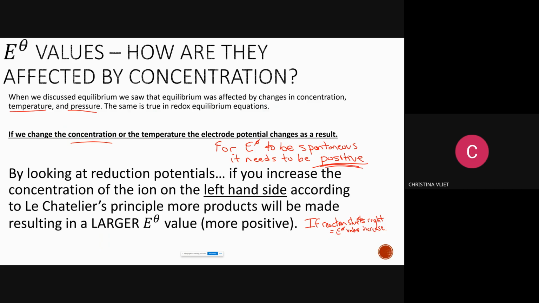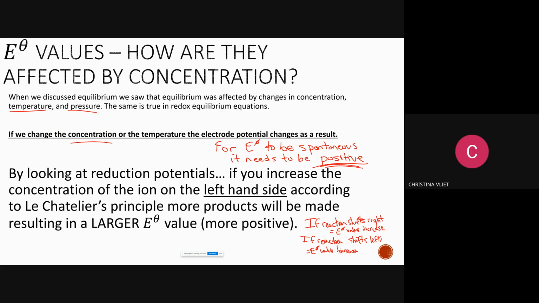And if the reaction, according to Le Chatelier's principle, would shift to make reactants, what would happen to our E-value? So if the reaction shifts left, whatever factor we change shifts it to the left, the E-value would decrease.